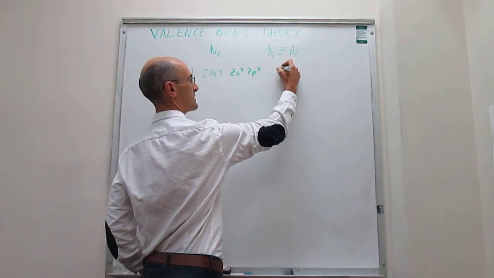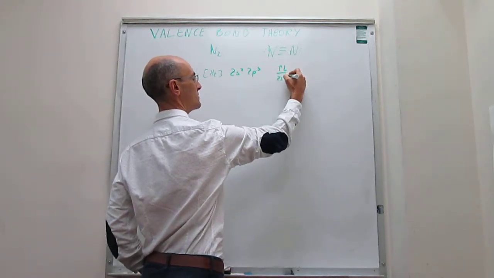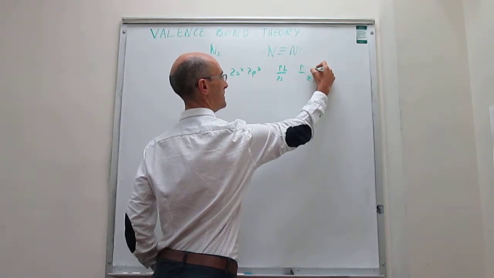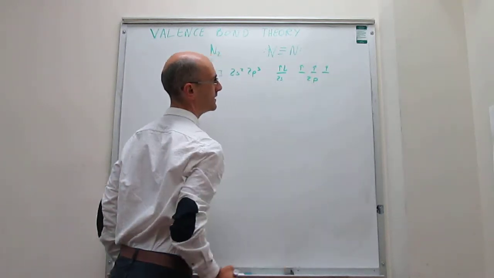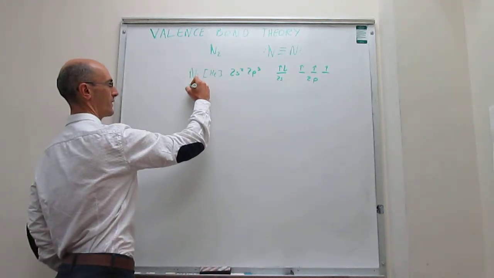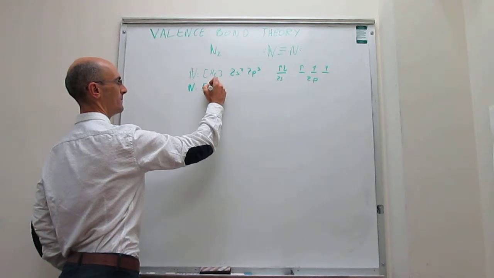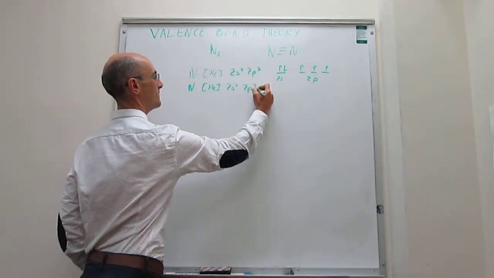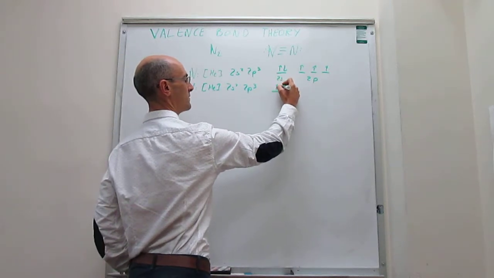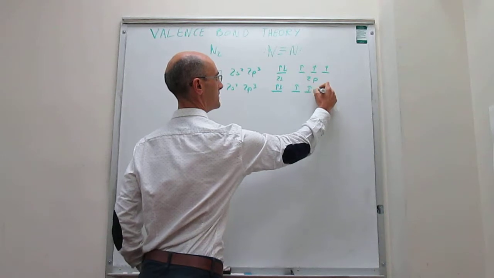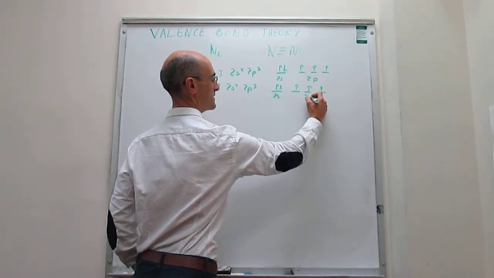We draw the box electronic configurations, that is the 2s orbital, and then these are the 2p orbitals, and according to Hund's rule, that will be the lowest energy electronic occupation. Of course, for the other nitrogen, you're going to have exactly the same: helium, 2s2, 2p3, and then draw the box electronic configurations, and this is what you find. That is the 2s, and this is the 2p.